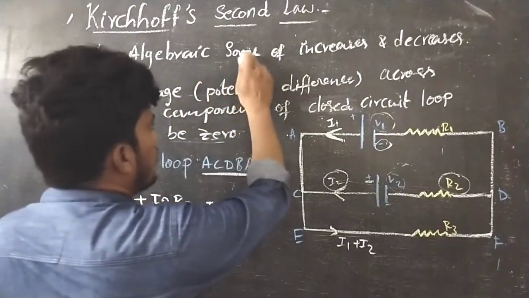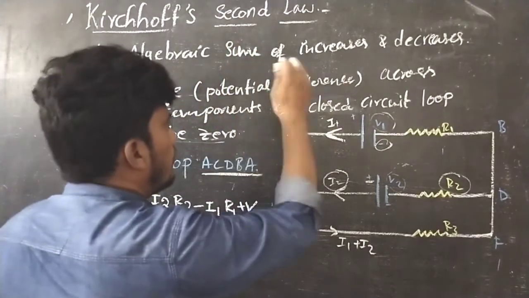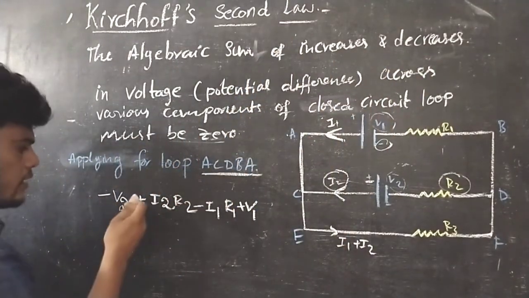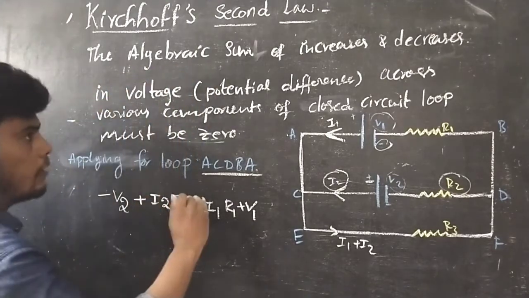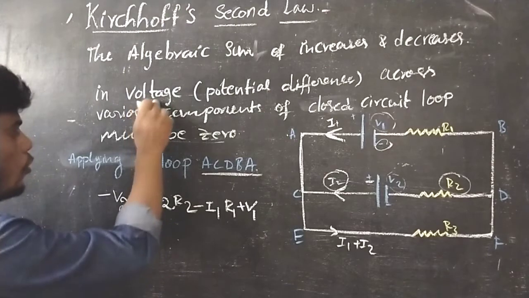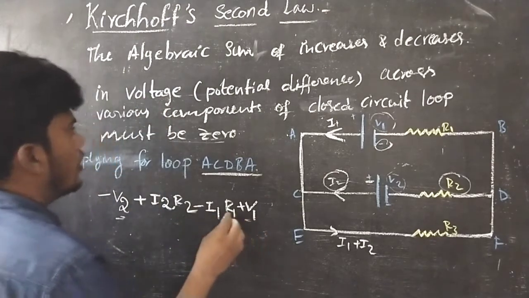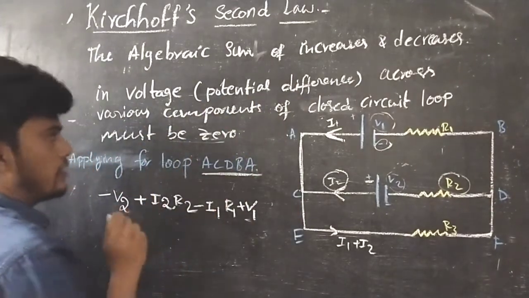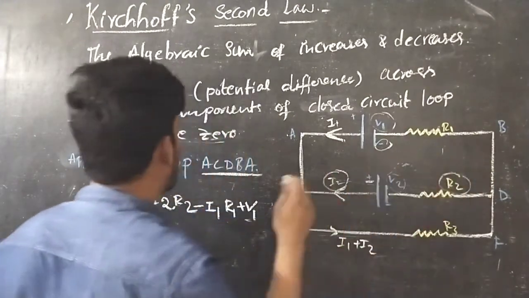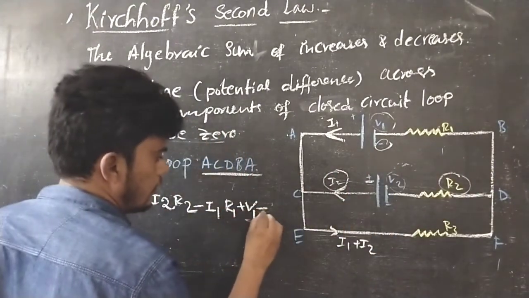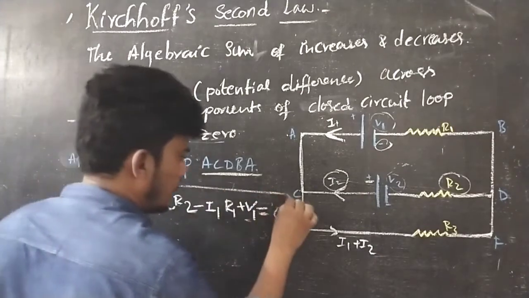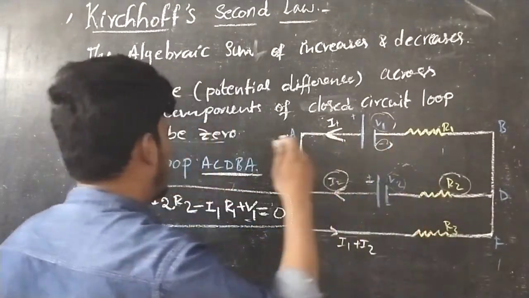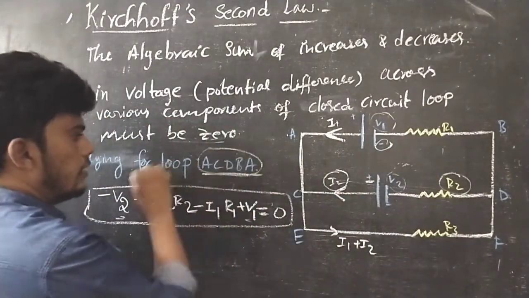The algebraic sum, algebraic meaning minus and plus values, of the increasing and decreasing voltage values across various components like resistors of a closed loop must be zero. So it is the formula of the first loop. I applied Kirchhoff's law in the loop A, C, D, B, A.